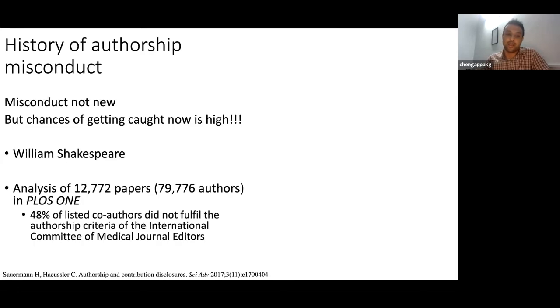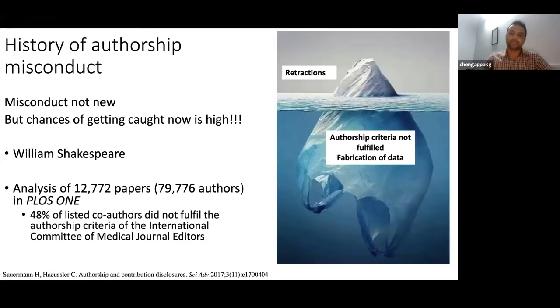So in a PLOS ONE paper, when they analyzed about 12,772 papers, they found that approximately 48% of the co-authors did not fulfill the authorship criteria. At that time, it was not very strict, but now it is becoming very strict that all the people who are listed as authors satisfy the authorship criteria, which sir has told, and I'll be repeating it again.